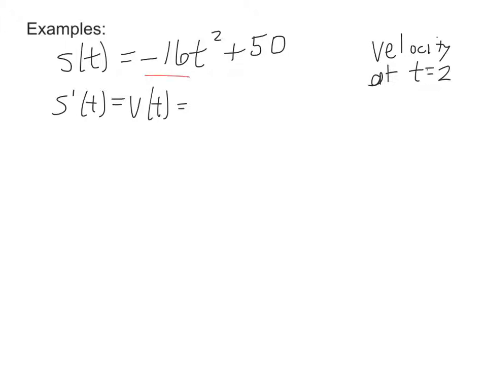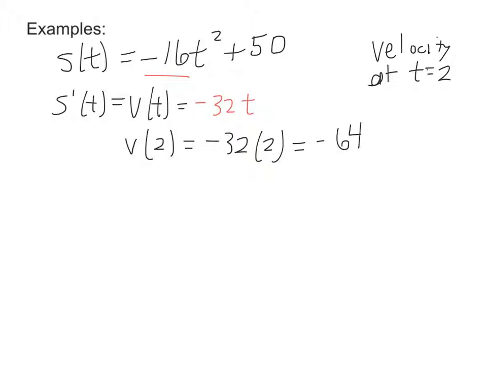Derivative of negative 16t squared, I'm going to bring down the 2, multiply it times the negative 16, so that'll be a negative 32, subtract 1 from the exponent, t, plus 50, or the derivative of 50 is going to be 0. So my velocity, when t is 2 seconds, I would just plug that in. So this is going to be negative 32 times 2, negative 64.